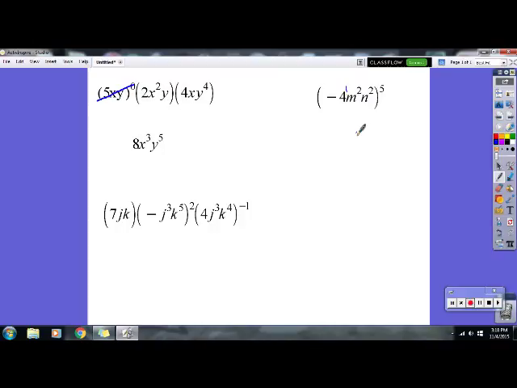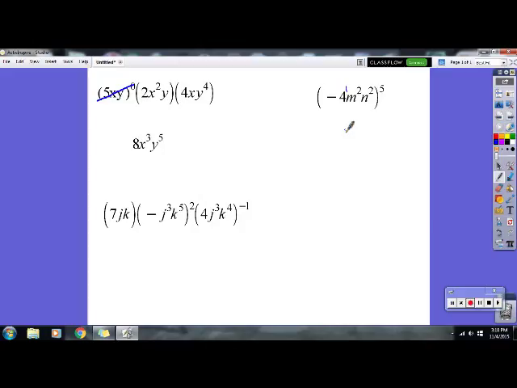Another really important detail when you're working with negatives and exponents: if the negative is in parentheses, then when I apply this exponent of 5, I have to keep that negative 4 in parentheses, because it's negative 4 times negative 4, 5 times.